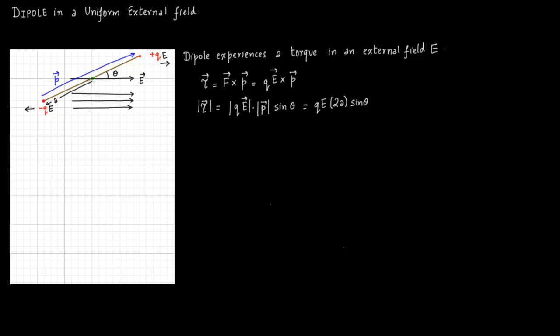Minus Q from origin, similarly plus Q from origin would also be plus a. So the torque would be 0 if theta is 0. When theta is 0, sine theta is also 0, so torque would be 0. And if theta is pi, again sine theta is 0, so torque would be 0.